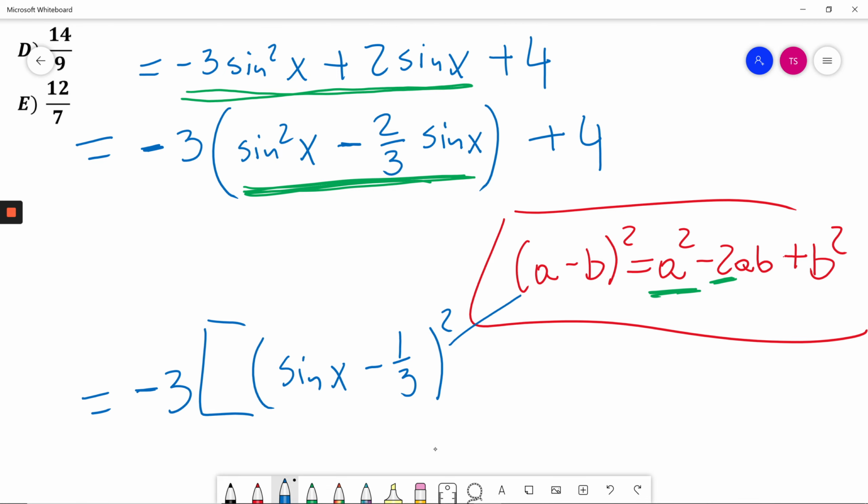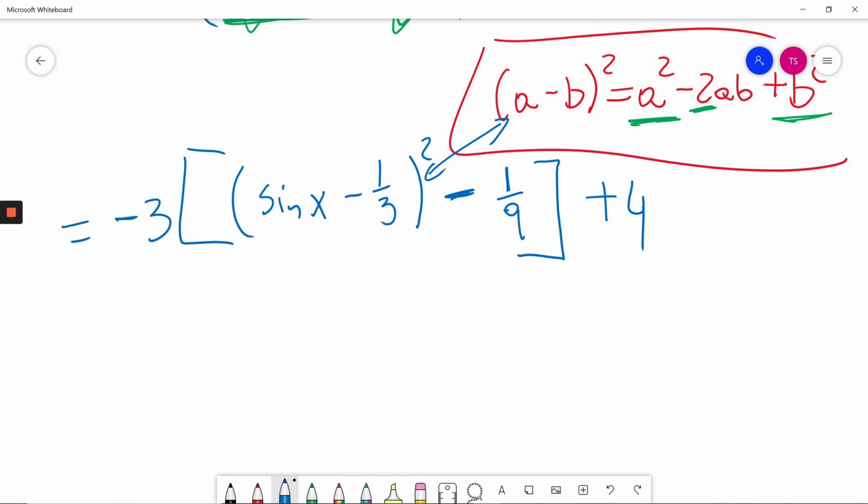Check with this formula here: this will be sine squared x, so this is okay, minus 2 times sine x times 1/3. This is okay, just plus b squared will be plus 1/3 squared, 1/9. That's why I need to subtract that 1/9 to keep the same thing. Plus 4.